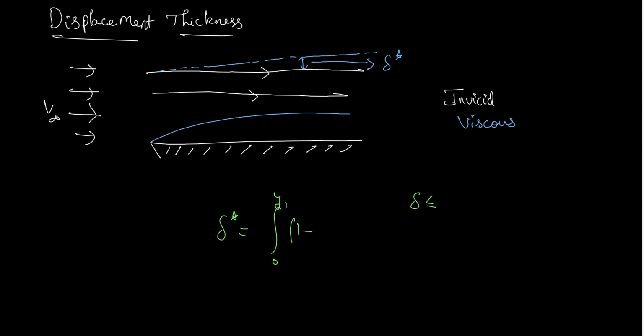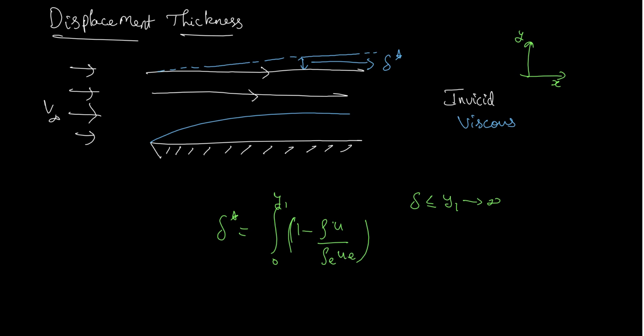where y1 is greater than delta and runs till infinity, because in the free stream it goes till infinity. This is y and this is x. So the integrand is 1 minus rho u by rho e u e, where rho e is the density and u e is the velocity at the edge of the boundary layer, which can be calculated using the inviscid equations directly, because outside the boundary layer we can assume the flow to be inviscid.